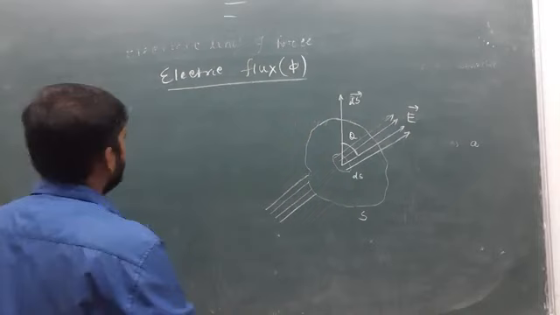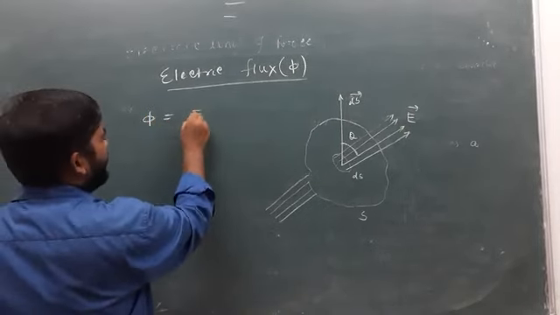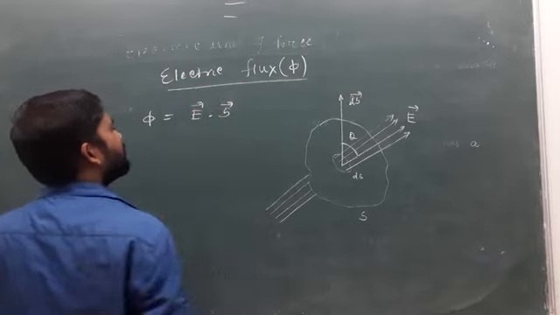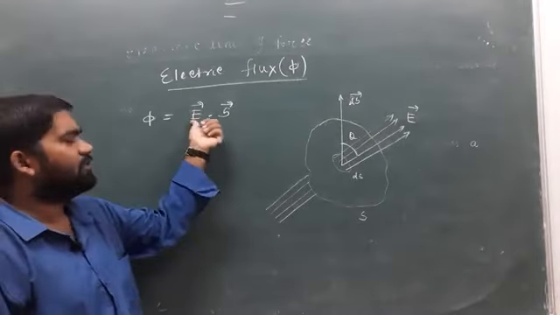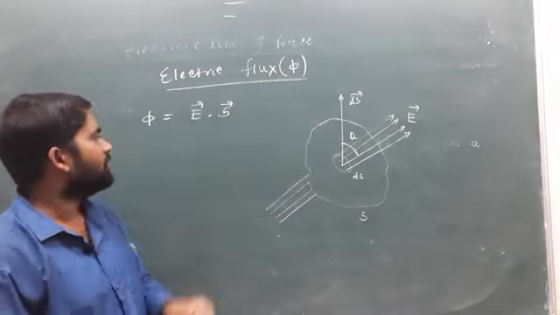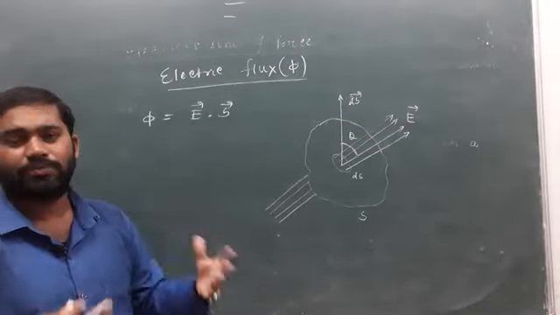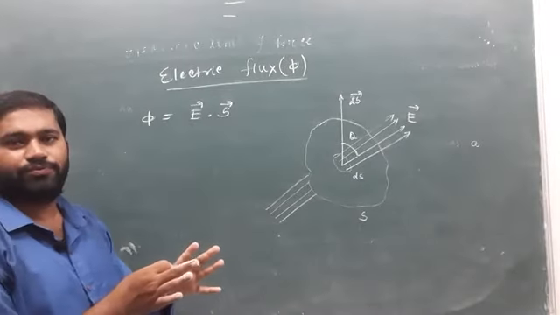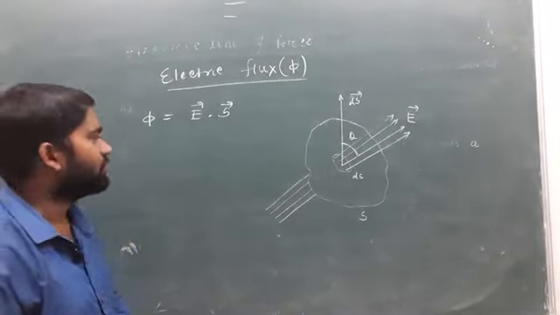So electric flux phi equals E dot S, where E is the electric field intensity and S is the area of that surface. That is the mathematical form to calculate the electric flux, the scalar product between the electric field intensity and the area of the surface vector.